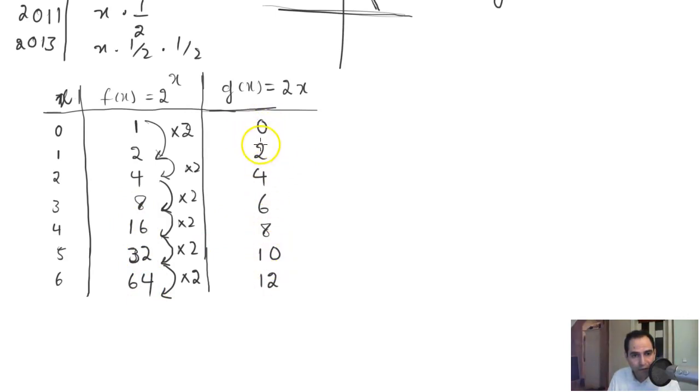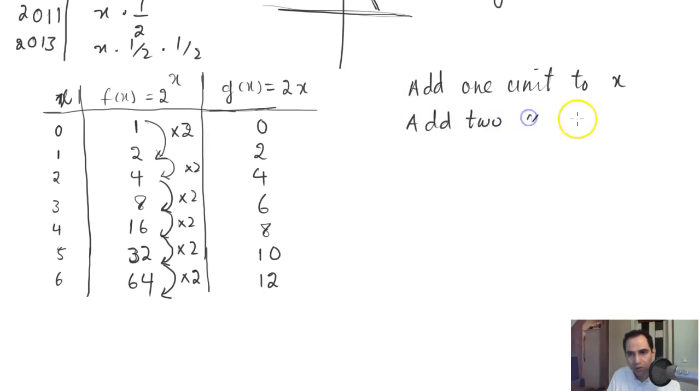But in the case of this function, g of x is equal to 2x, this is basically a linear function, a straight line with slope 2. So slope 2 basically means that every time I increment my x by 1, my output is going to be incremented by 2 units. So every time I add 1 unit to x, I have to add 2 units to y.